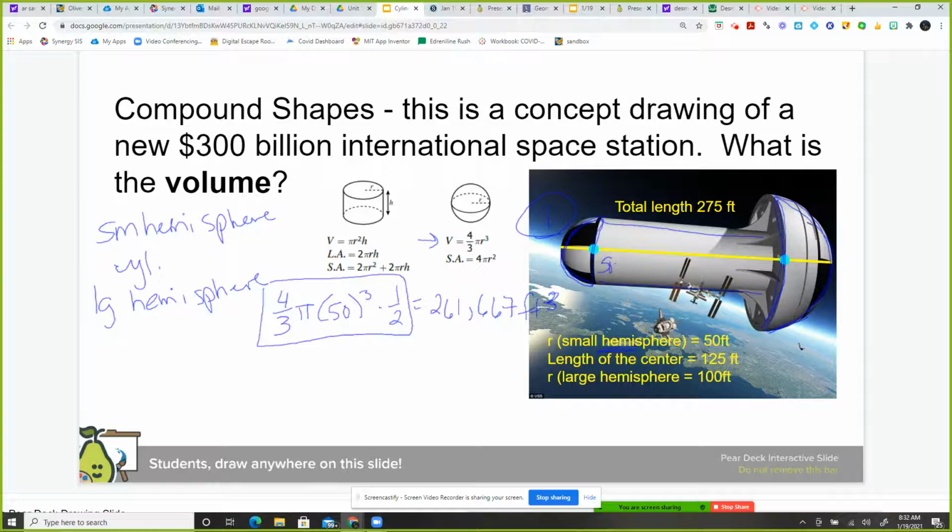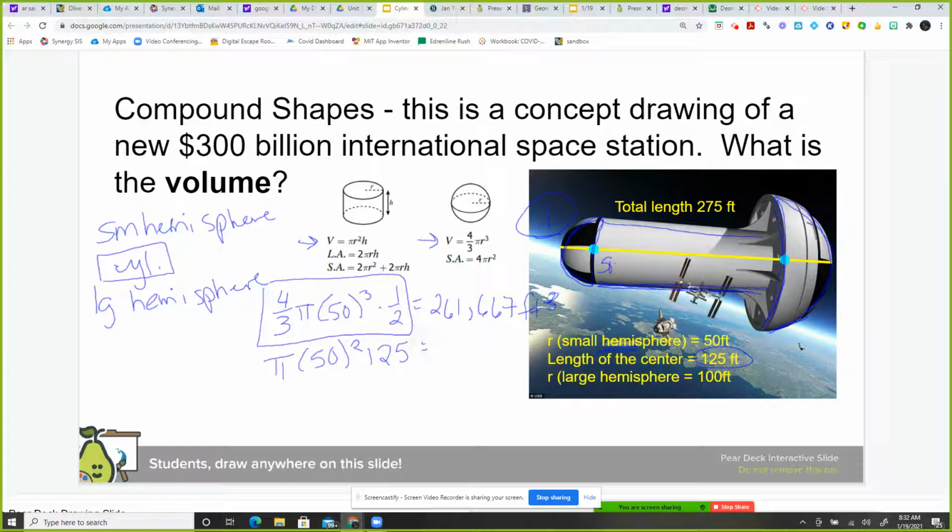Okay. So now I have to find the volume of the cylinder in the middle, right? The volume of the cylinder is going to be pi times the radius, which is that 50, squared, times the height. This height here is the length of the cylinder, which is 125 feet.